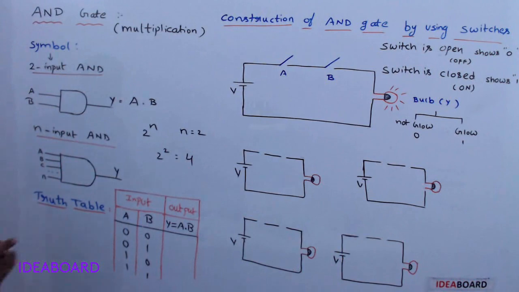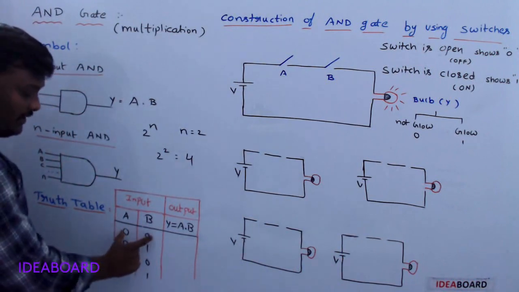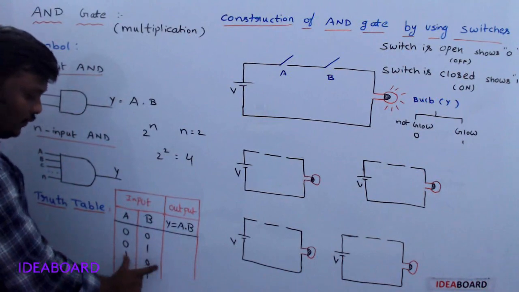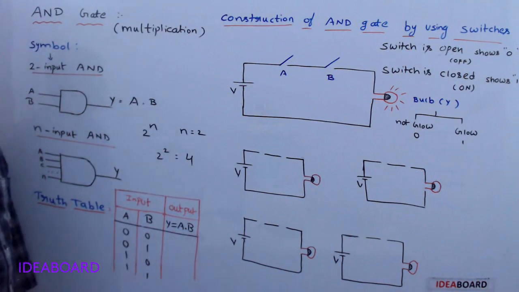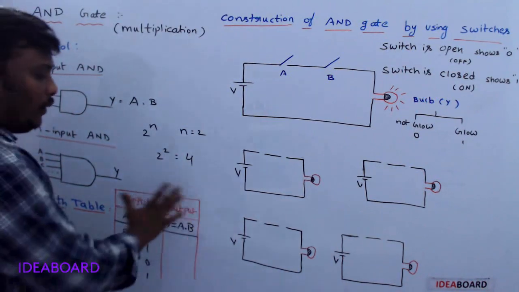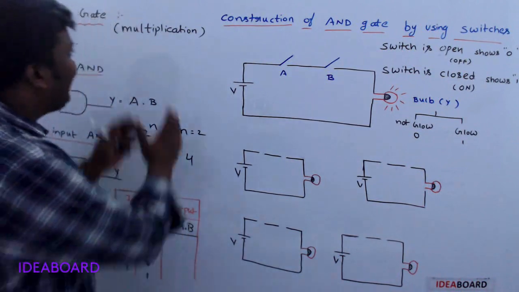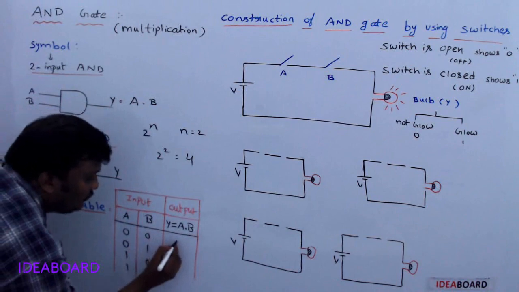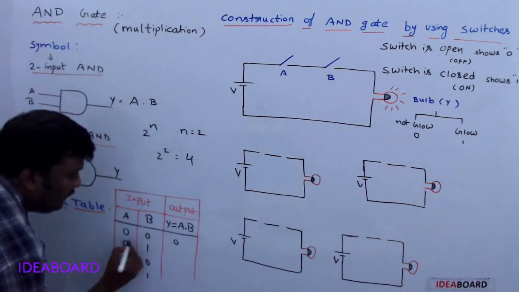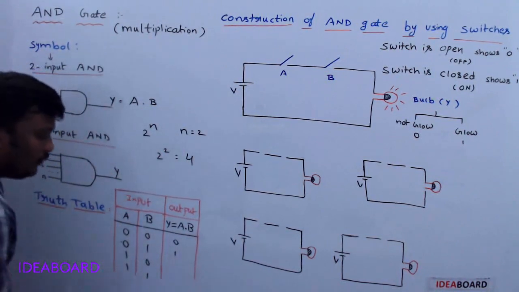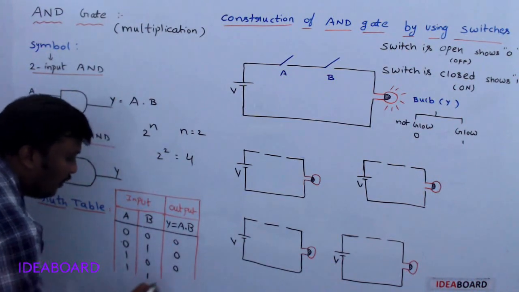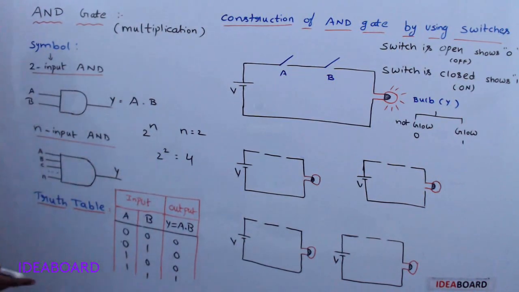So the input combinations are 00, 01, 10, 11. Understand? What is the output? The output is general multiplication only. So 0 into 0 is 0, 0 into 1 is 0, 1 into 0 is 0, 1 into 1 is 1.